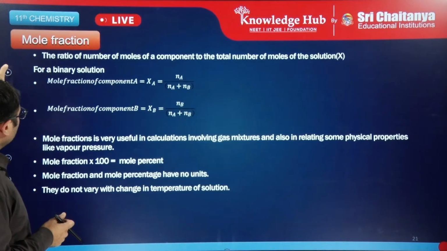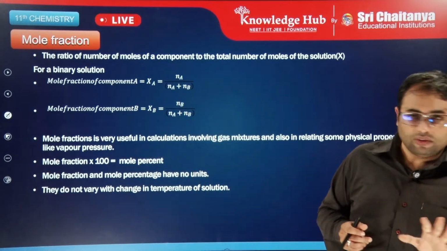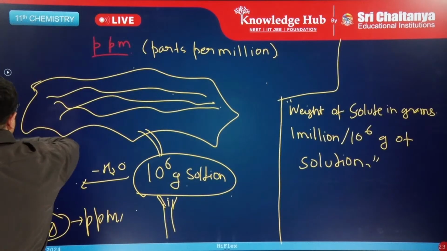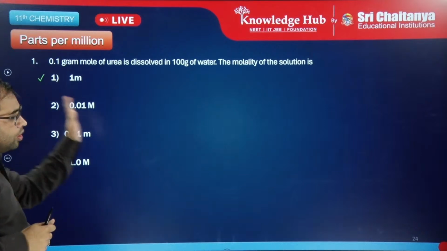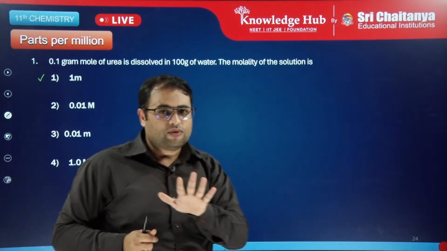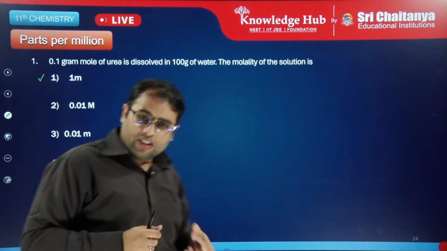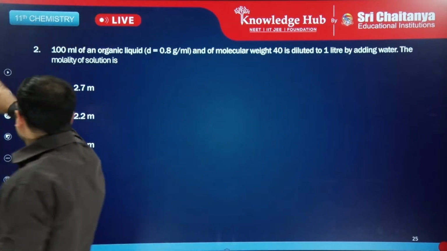So now, most of the concentration terms we have covered. Now there will be many numericals shown on the screen, right? Like this. I want all of you to pause your screens for a little bit. Even the correct answers are given here. So pause the screen for a little bit and try and solve these numericals yourselves, right?